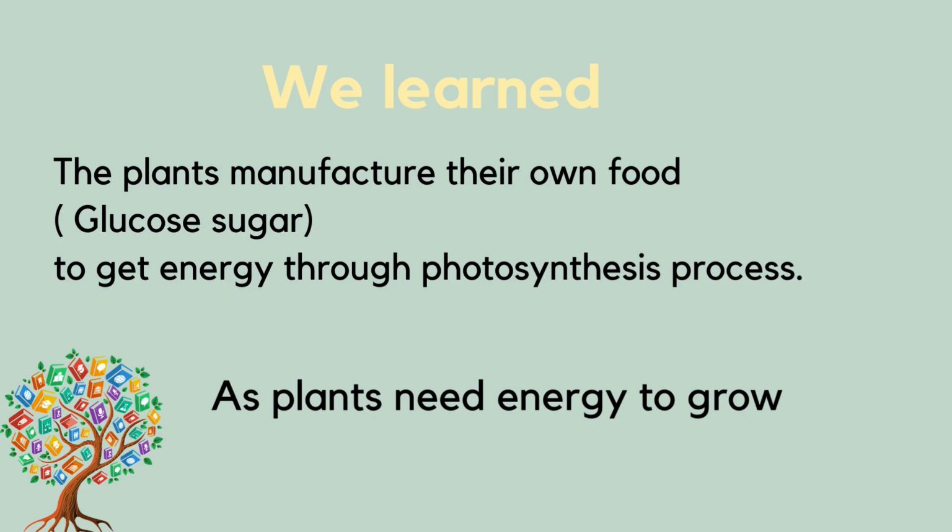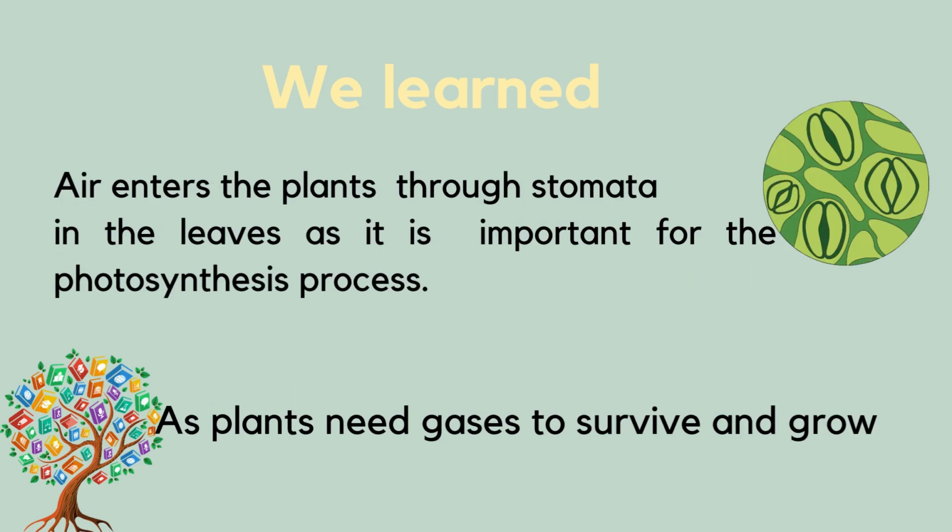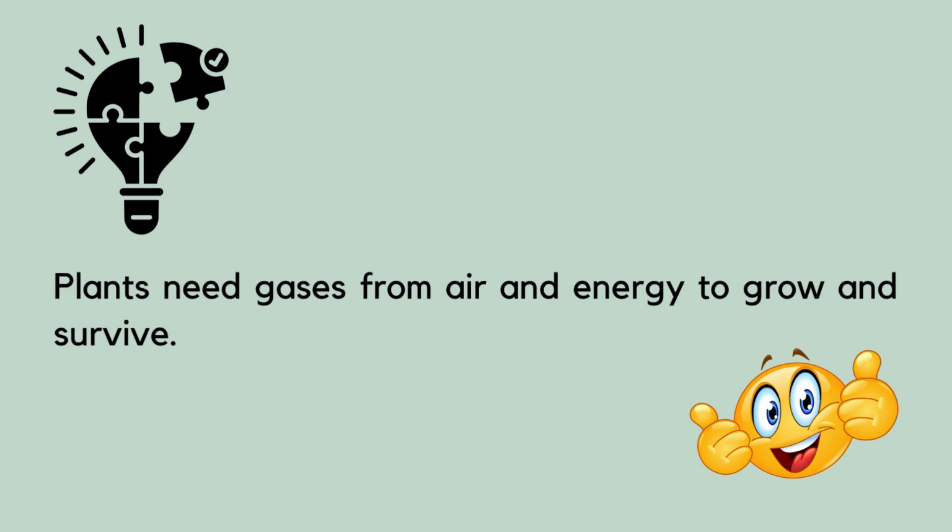Also, we learned that the plant needs gases to survive and grow, as the air enters the plants through the stomata, which are found in the leaves, yes, as it is important for photosynthesis. This air is very important for photosynthesis, especially carbon dioxide, okay? So we can say that the plants need gases from air and energy to grow and survive.